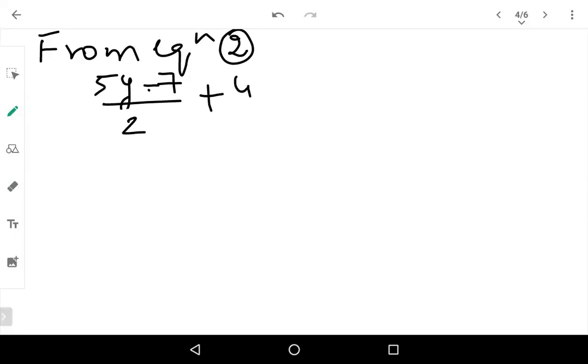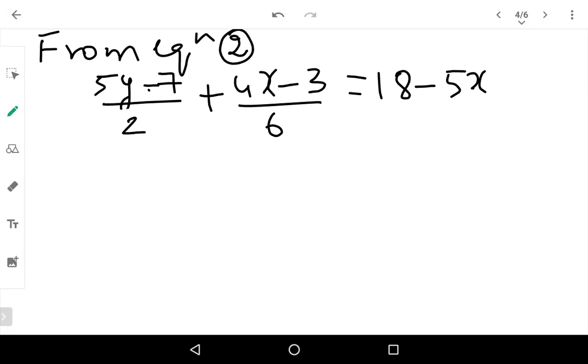From equation 2, we have 5y minus 7 by 2 plus 4x minus 3 by 6 is equal to 18 minus 5x. Now we have to take the LCM of 2 and 6. 2 sixes are 12.